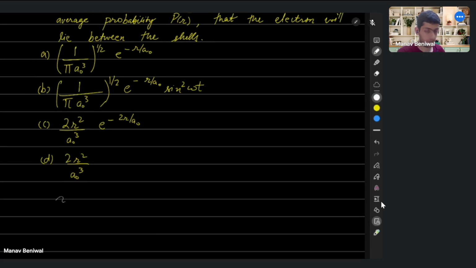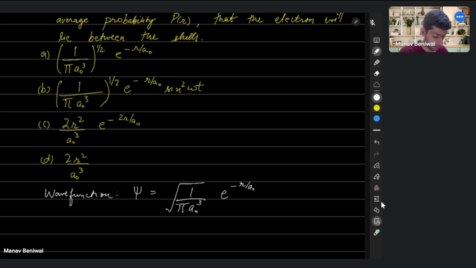So let us write our wave function. So wave function psi that is given to us is nothing but under root 1 over pi a naught cube exponential minus r by a naught, and then this thing multiplied by sine omega t.